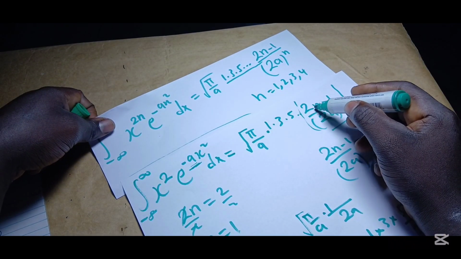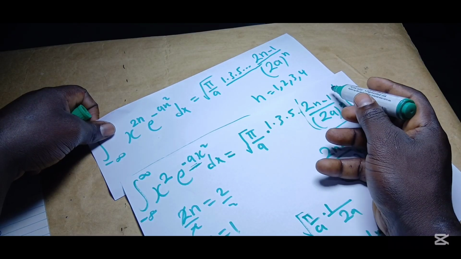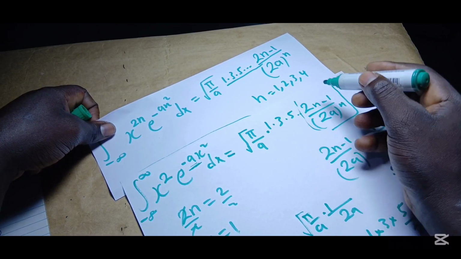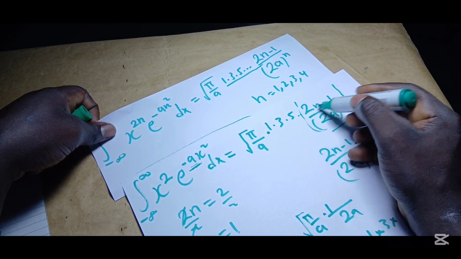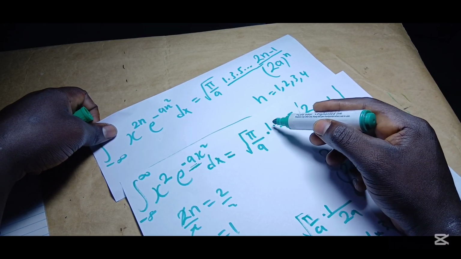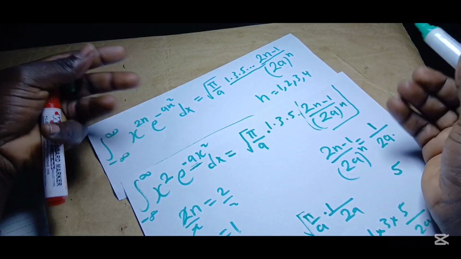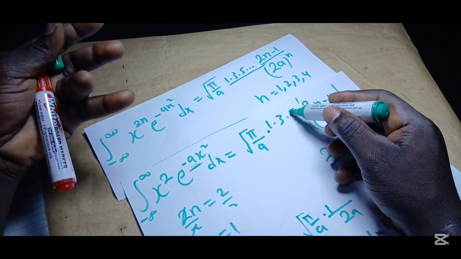So the value of 2n minus 1 will indicate the odd numbers that we should multiply right here. If after evaluating this we get 7, then we have to multiply odd numbers from 1 up to 7. So it will be 1, 3, 5, 7.